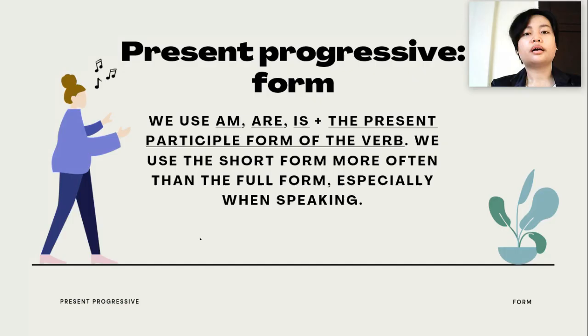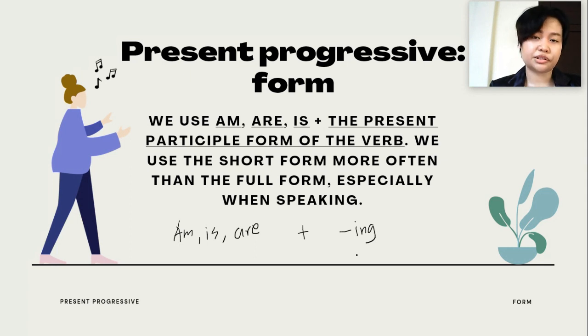Alright, the next thing is the form of present progressive. We use to be, am, is, and are, plus the present participle form of the verb. It means that you add ing at the end of the base verb. We often use the short form more often than full form, especially when speaking.